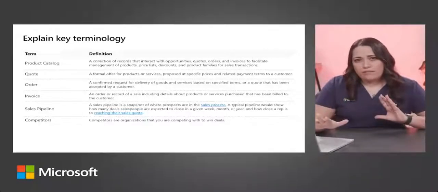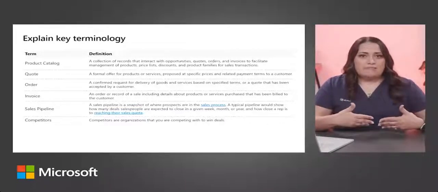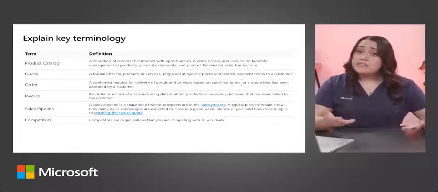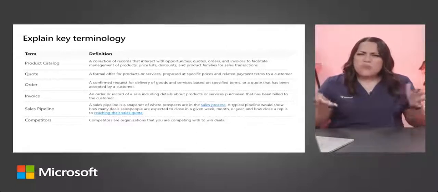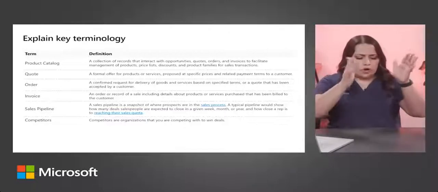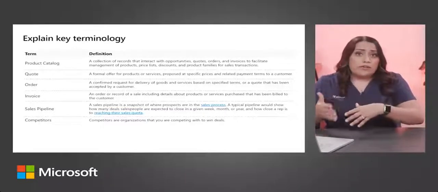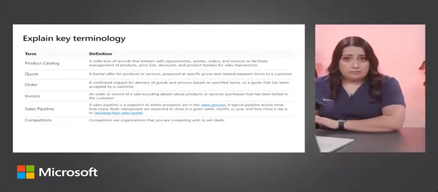And all of these parts are pieces of the sales process. And the sales process is what makes up the sales pipeline. So I want you to think of this as a visual aid that can help your sales team know exactly where they are on their sales goals at that particular moment.